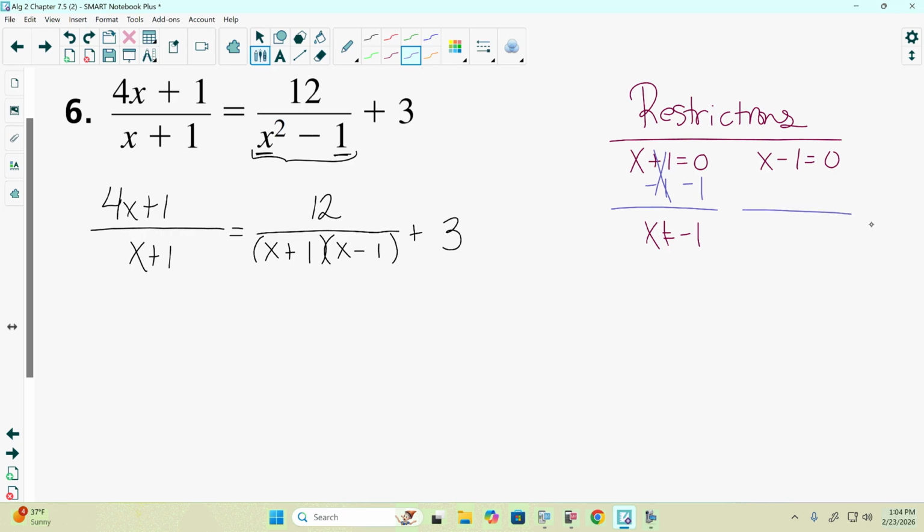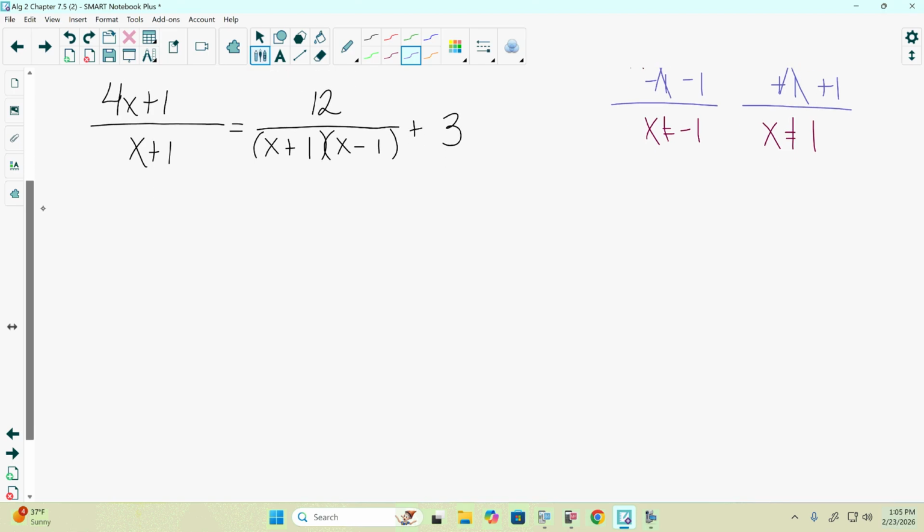With x minus 1, we can add 1 to both sides, and our negative 1 plus 1 would be 0, leaving us with x, and 0 plus 1 is 1. So if x is positive 1 or negative 1, we would have a restriction. We'd have a value of x that would make that denominator be 0, and it does not work.